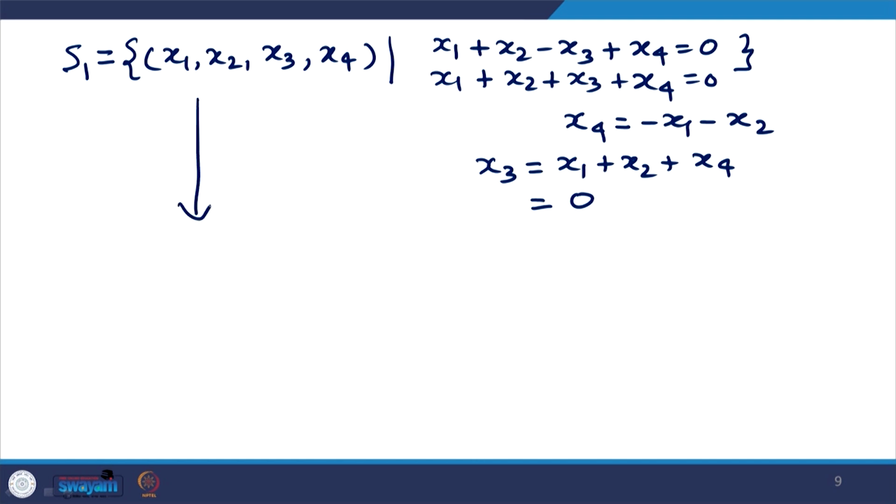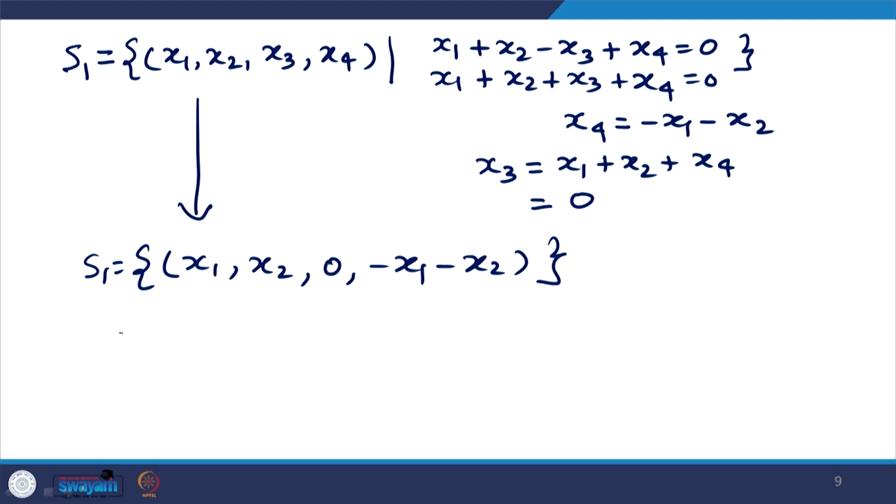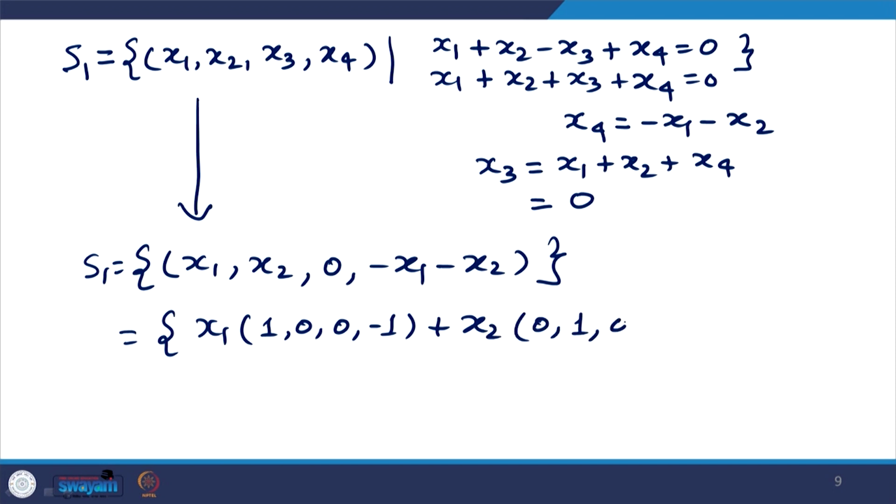So, let me write it here now using these results. So, x1, x2, x3 is 0 and x4 is minus x1 minus x2. So, if I take x1 times (1, 0, 0, -1) plus x2 times (0, 1, 0, -1).